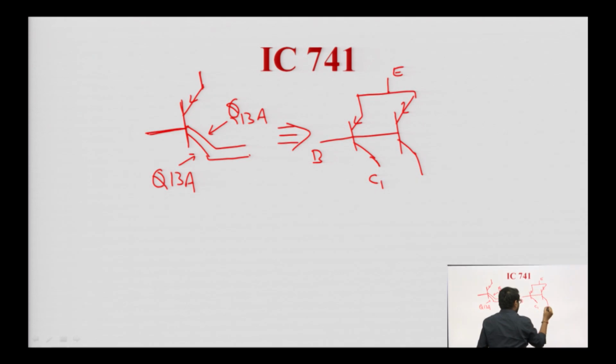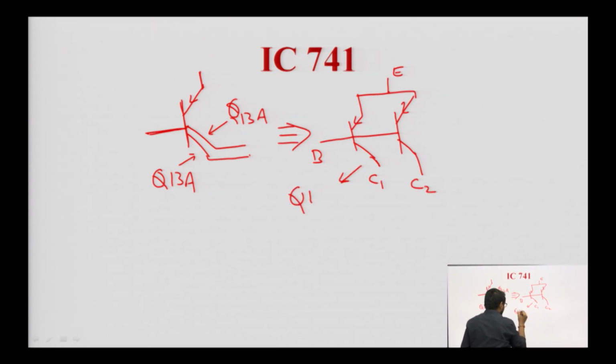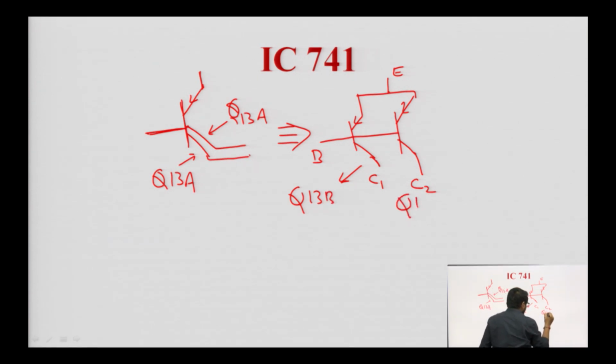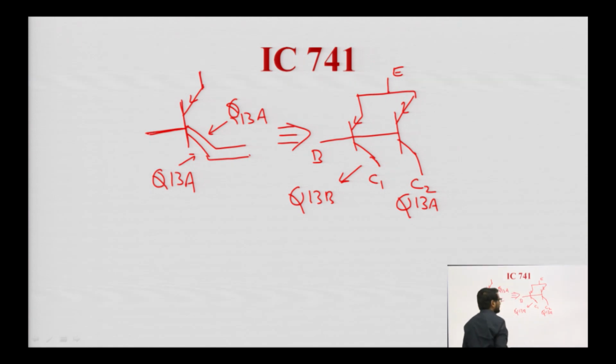This is C1 and C2. Let us suppose that C1 is for Q13B and C2 for Q13A. And the condition for these transistors, which we made in the internal circuitry of IC 741, is simple.